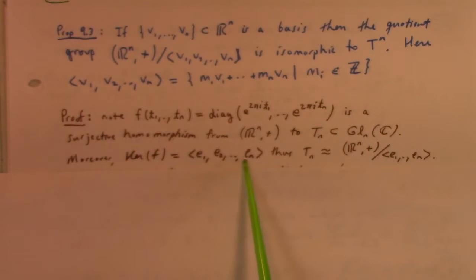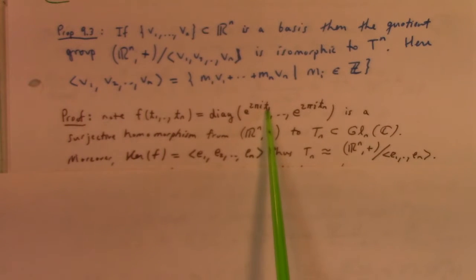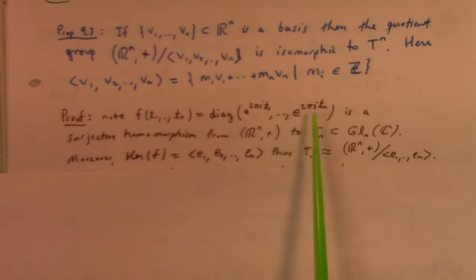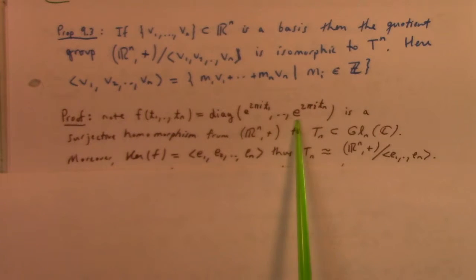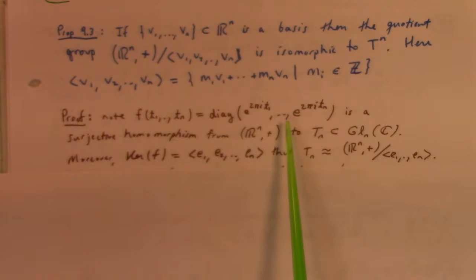Oh, this is integer linear combinations of these. Remember this notation. Kernel of f, so this has to be equal to what?